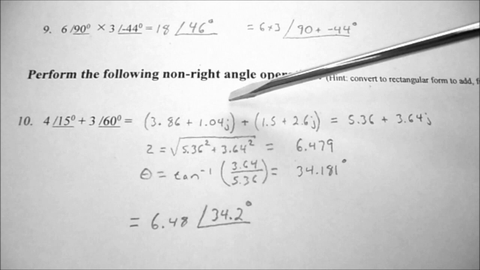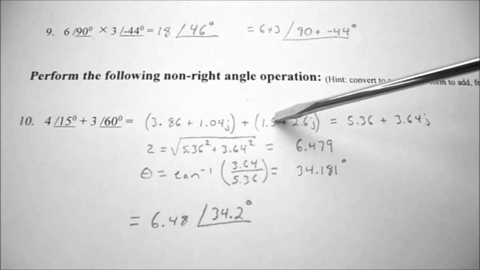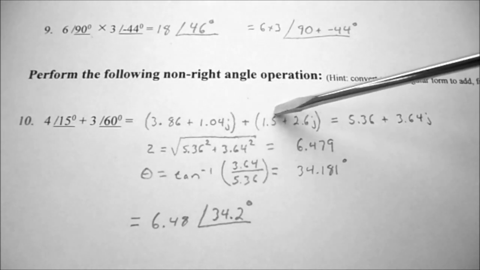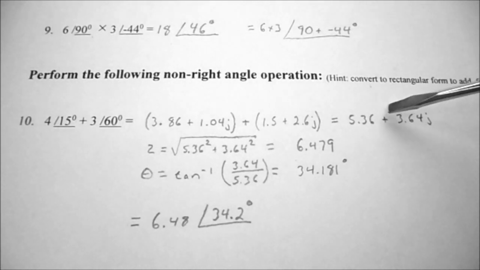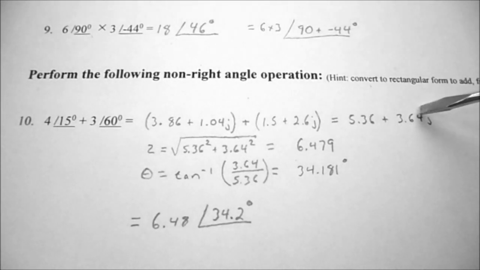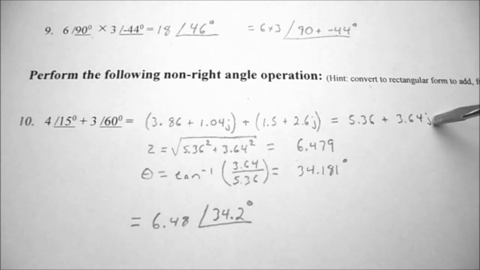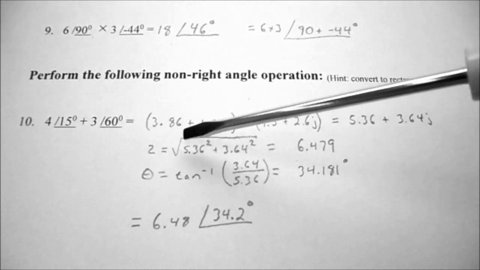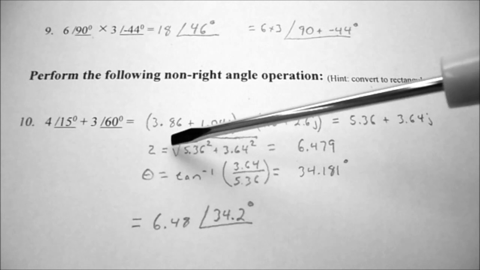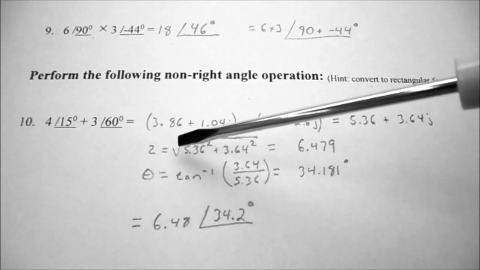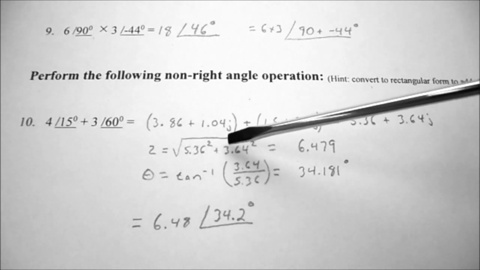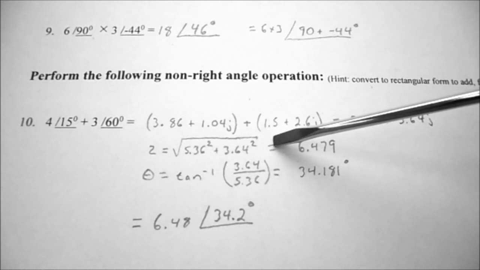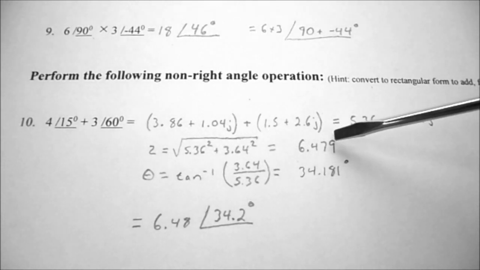So taking our two rectangular forms and adding them together, we end up with a result of 5.36 plus 3.64j. Converting back to the polar form, z is equal to the square root of 5.36 squared plus 3.64 squared, which is equal to 6.479.